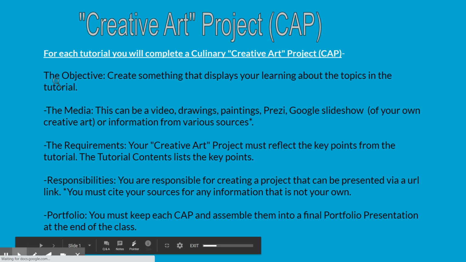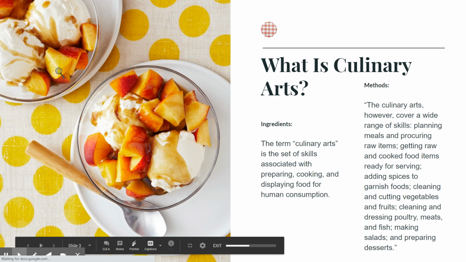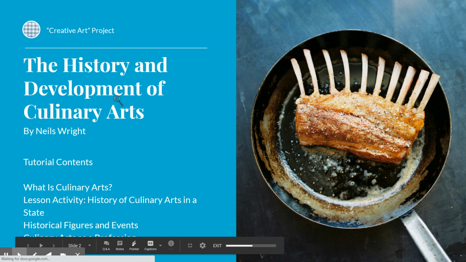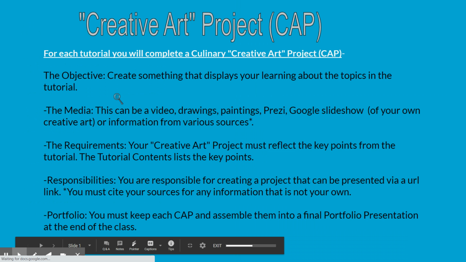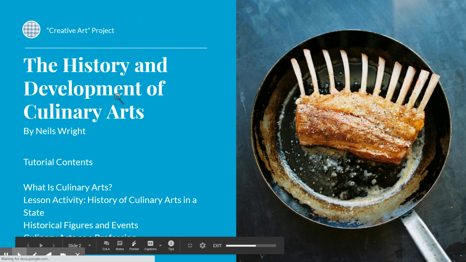Okay, so I have here on this screen the directions, what you need to do. I already discussed them. All right, so what could a creative art project look like? So I covered the history and development of culinary arts by Niels Wright. The tutorial contents: What is culinary arts?